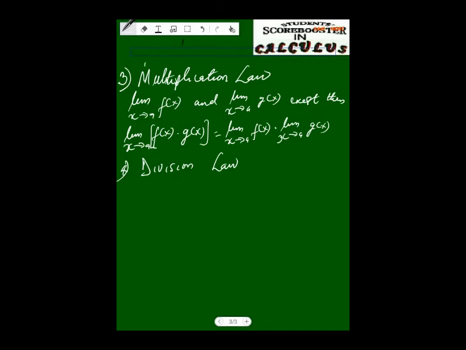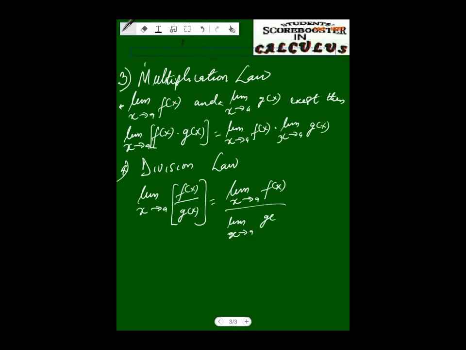Just as with the multiplication law, if you have f of x and g of x, and the limits of both of them exist, then the limit as x tends to a of f of x over g of x, both together, is the same as taking the limits individually: the limit as x tends to a of f of x over the limit as x tends to a of g of x.